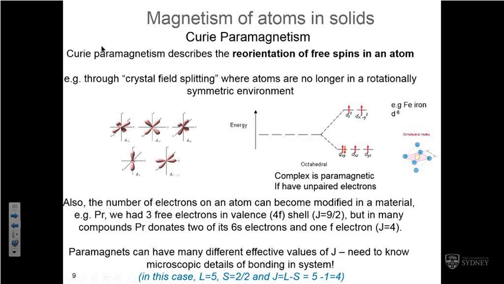You've got 2 F electrons, and then you just follow Hund's rules for filling, and you should be able to find L equals 5, spin equals 1, and then remember, because it's less than half filled, J equals L minus S, so you get 4. So you can verify that yourself.